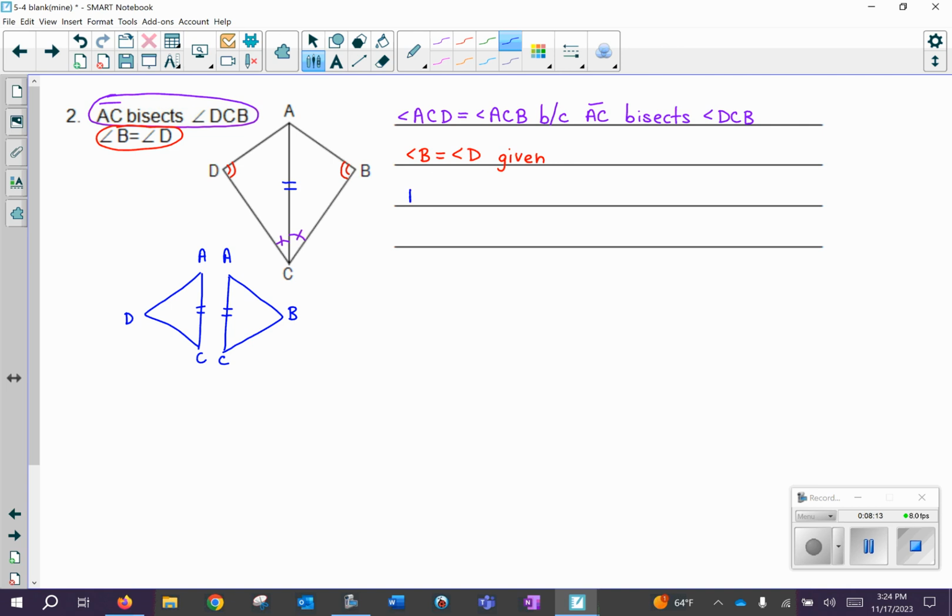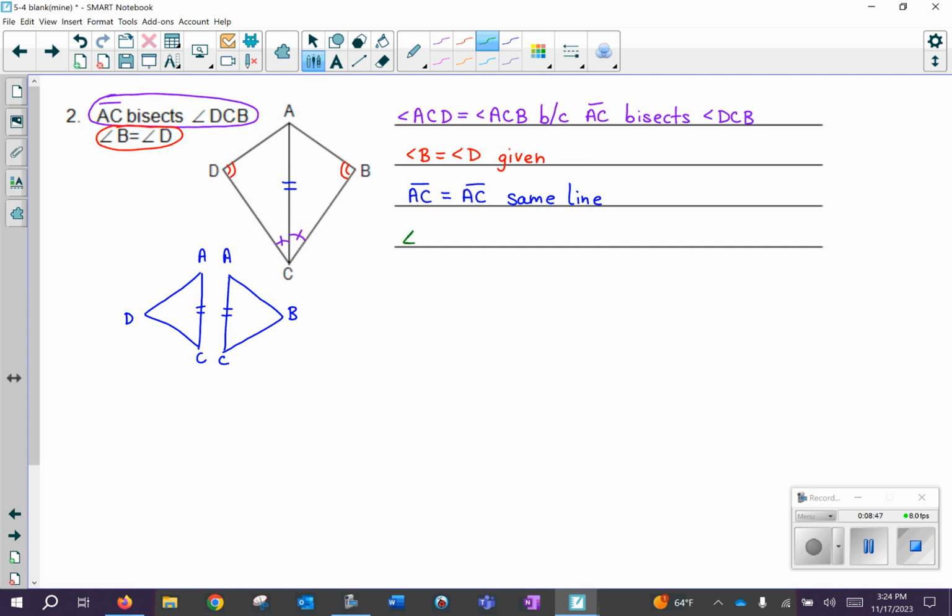So I'm going to say segment AC in the left triangle equals segment AC in the right triangle. And the reason is, you could say same line, shared side, or reflexive. Whichever you want to do. And now we need to see if we have enough information. I am seeing an angle, and then a side, so AAS is one of my reasons.